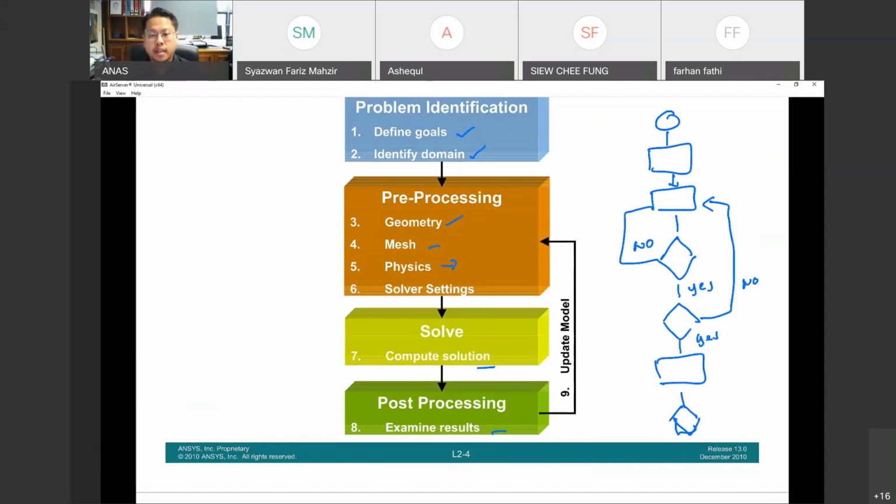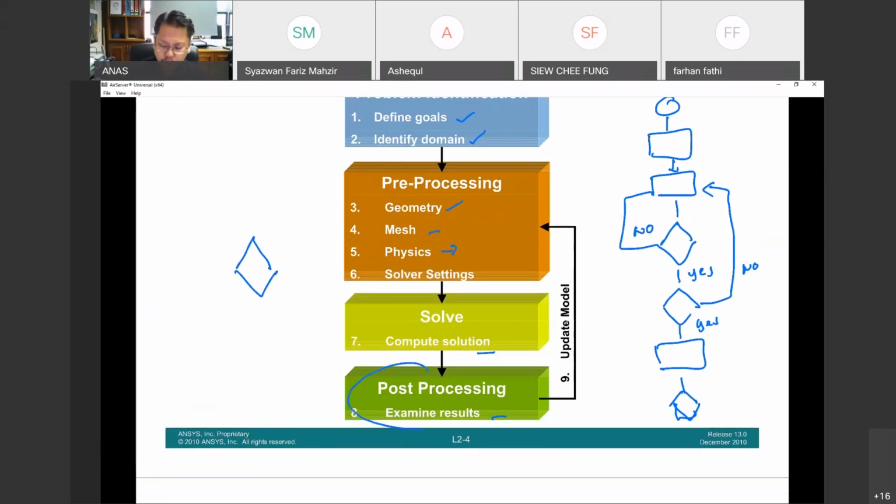Similarly in CFD, even though it's not as obvious as a flowchart with decisions, most of the time it involves decisions, meaning you need to validate your result. As I said, you can use your naked eye or your knowledge of CFD to check whether the initial output makes sense. Usually after post-processing you update your result.